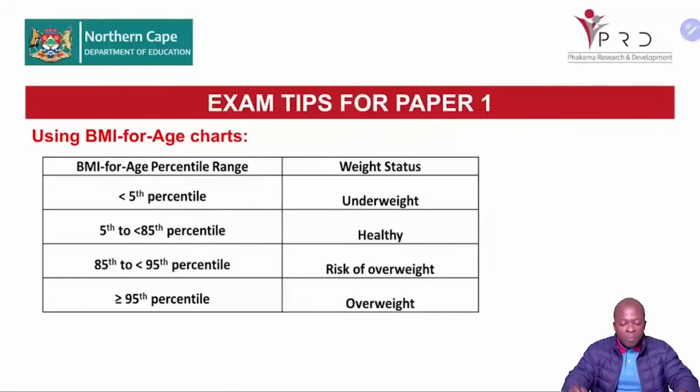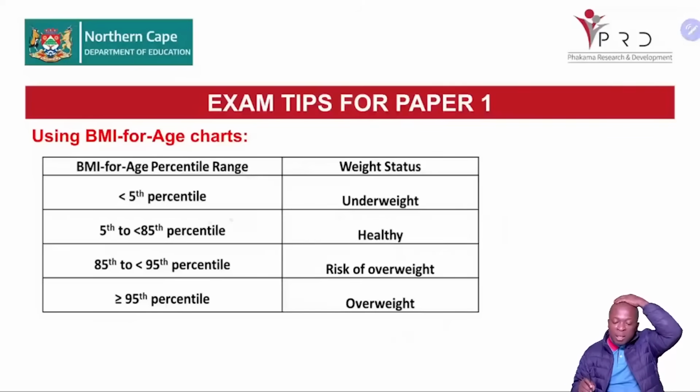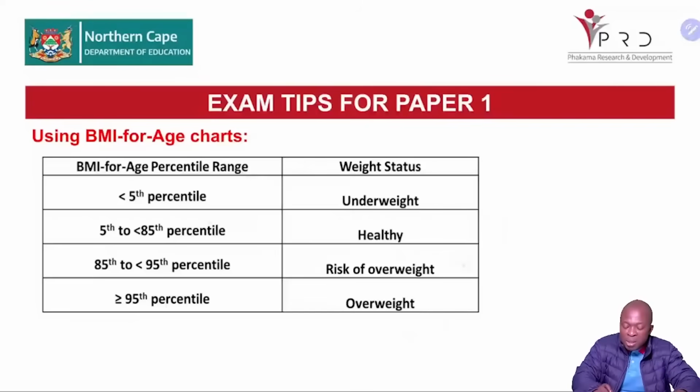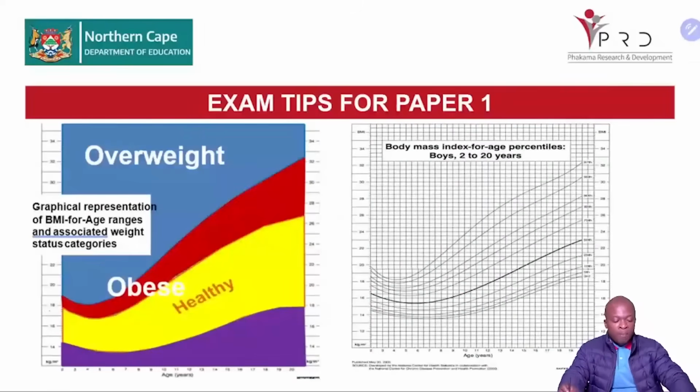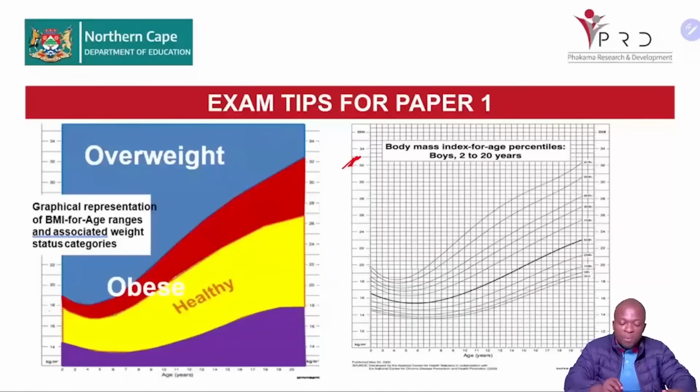Then once you get your answers, this is the BMI for age chart. So we have status of underweight, healthy, at risk of overweight and overweight. Some books will be saying at risk of obesity, and here is obese. So let's see. They can give you the chart like this, but usually this one will be the one to come in the exam, not something with more color.